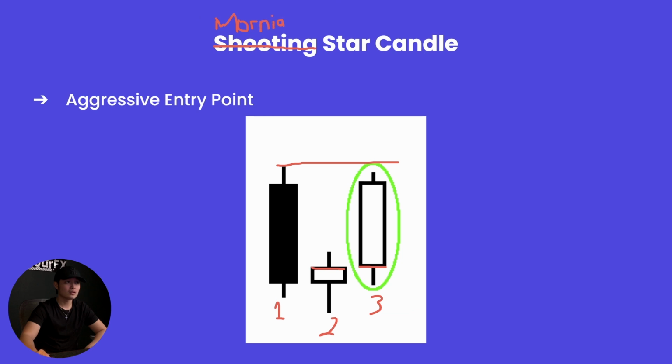As long as the third candle's opening price is aligned with the closing price of the morning star candle, you can straight away enter on the third candle without it breaking or penetrating the high point of the first candle.